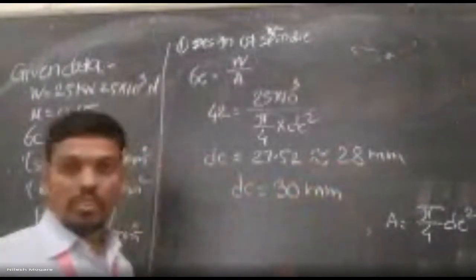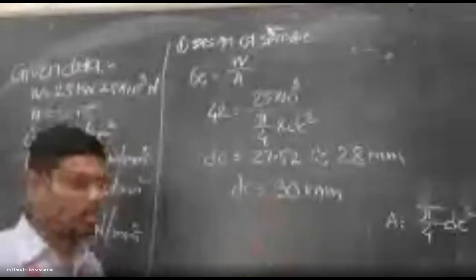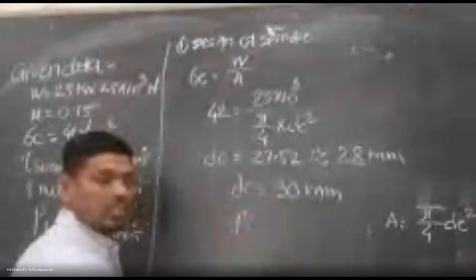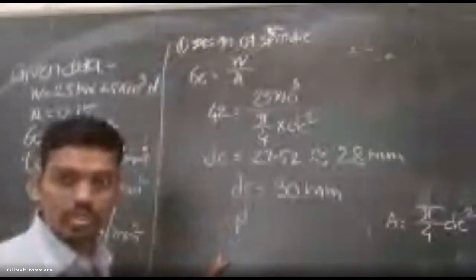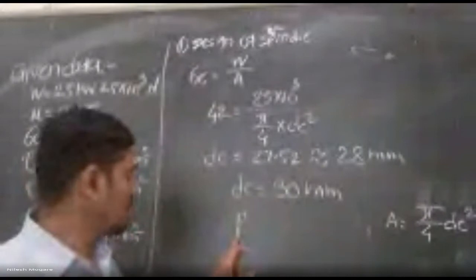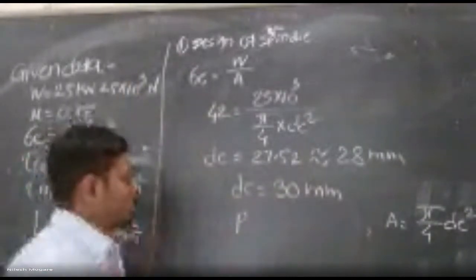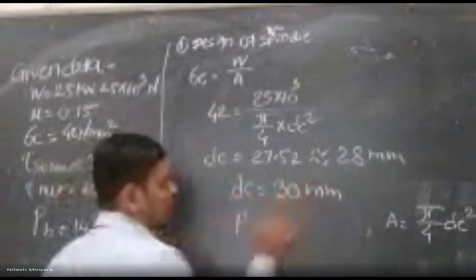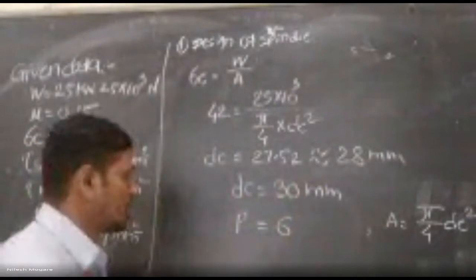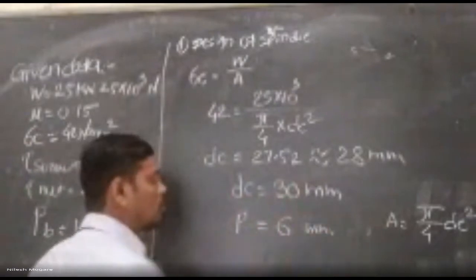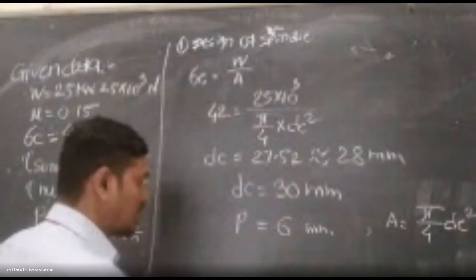And from the standard table of diameter, we have to find the value of pitch. Yesterday we also saw how to find the value of pitch from the standard table. So for core diameter 30, the value of pitch is 6 mm. Now we have to find the remaining diameters like DO.